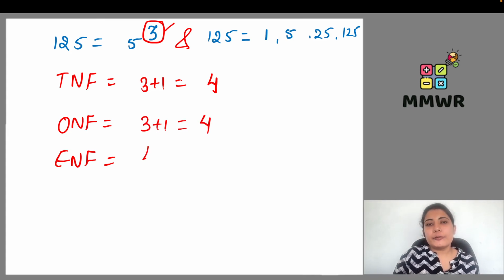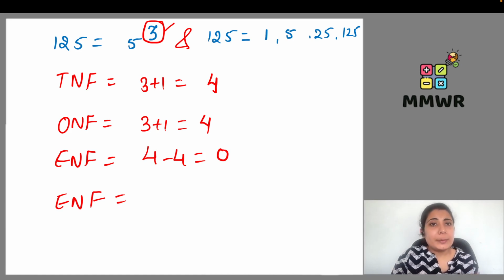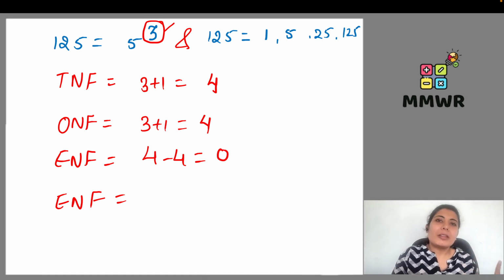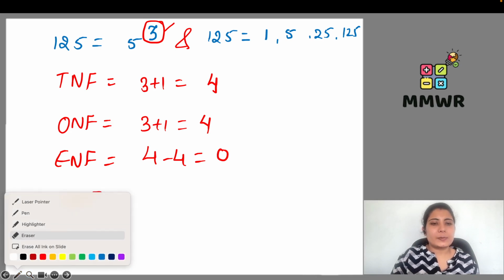For even number of factors, 4 minus 4 gives me 0. Another method for even number of factors, what will I be doing? I should have something in the prime base. Here there is nothing in the power of 2, 2 is not there at all. So I can write the factorization of 125 like this also. I can write here for 125 just for this specific part.